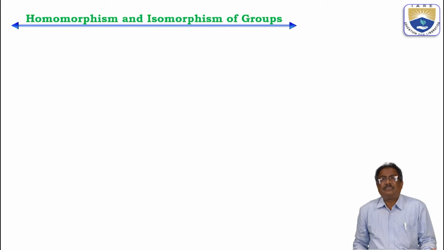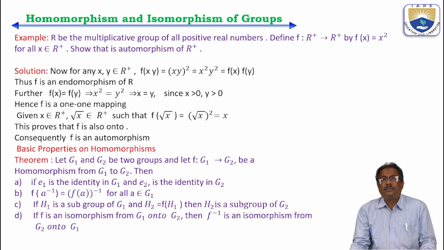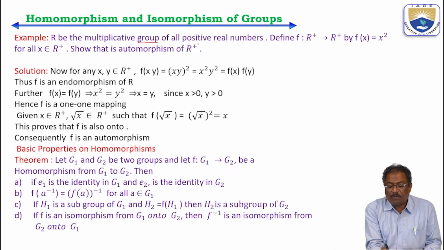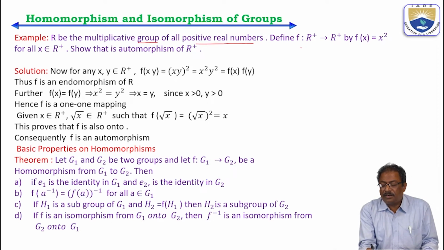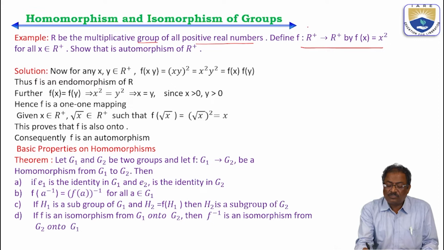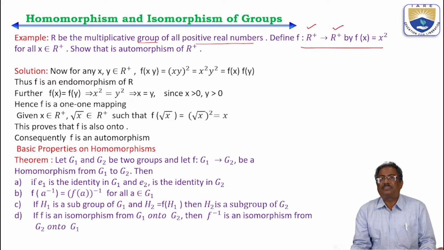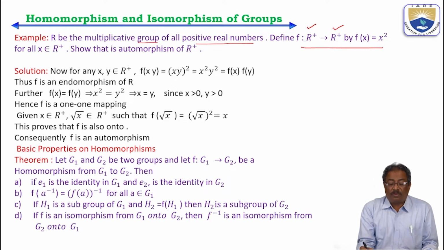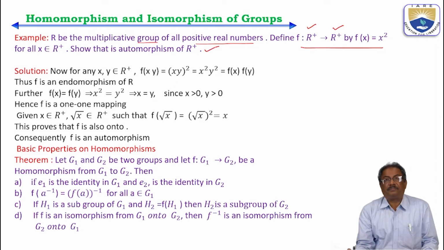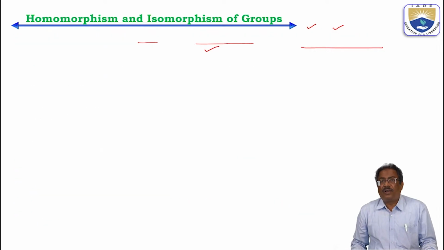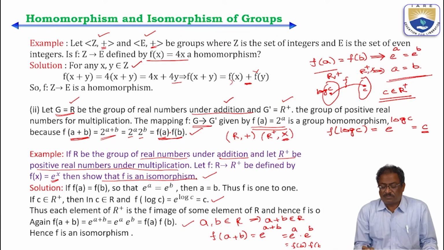Now let us go for the other example. Here, let R plus be the multiplicative group of positive real numbers, and the function is defined from R plus to itself. Now we are going to show that it is an automorphism. When do we say that it is an isomorphism?